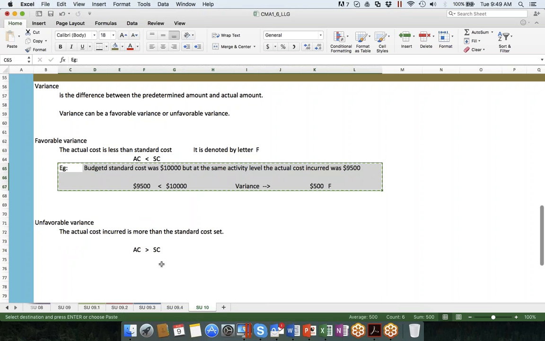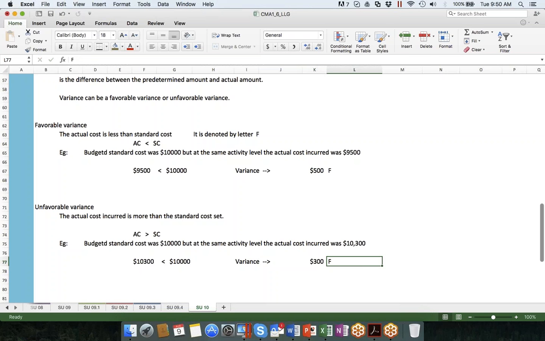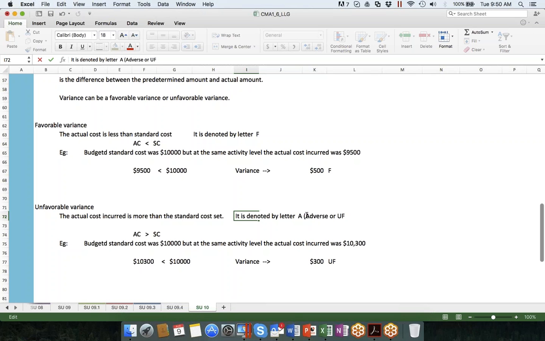For example, the budgeted cost of an activity level is 10,000, and the actual cost incurred for the same activity level was 10,300. The standard cost was 10,000, so the variance is $300 unfavorable. It is denoted by the letter A. A means adverse, or unfavorable.